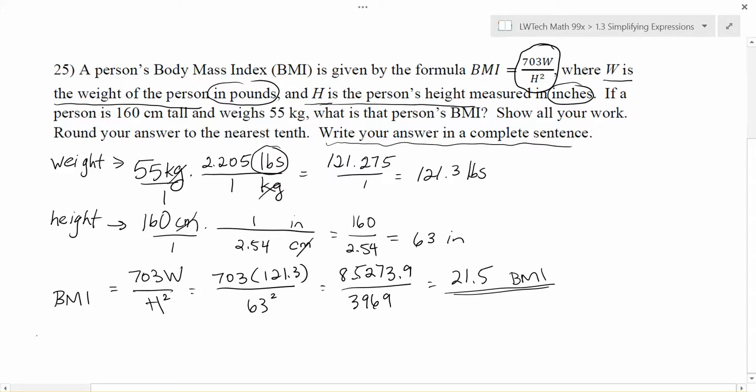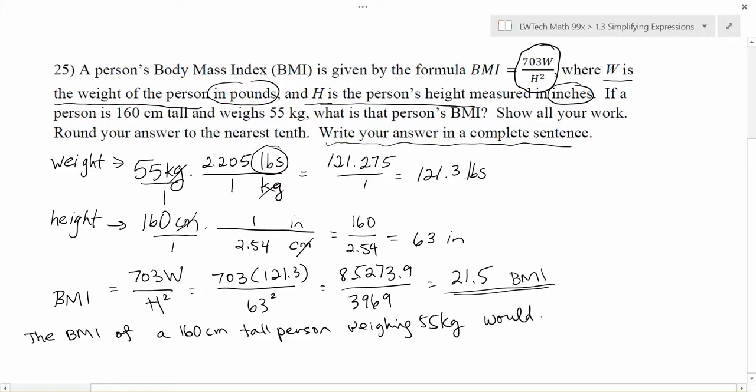For example, you could say the body mass index, or BMI, of a 160 centimeter tall person weighing 55 kilograms would be 21.5. So you give what you were finding measurements of, give it context for your specific situation, and give what your solution is.